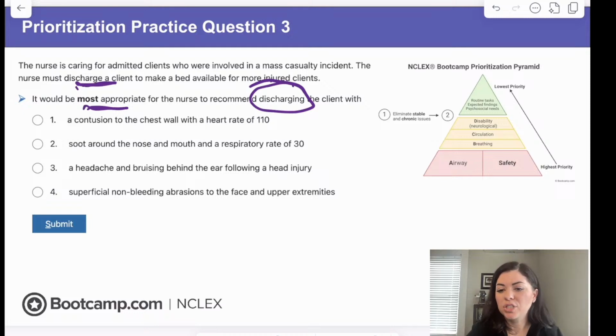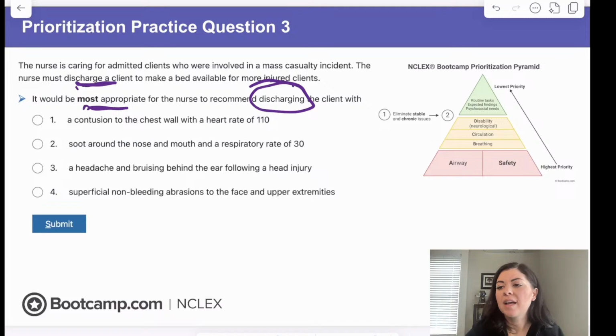Option 2, soot around the nose and mouth with a respiratory rate of 30. Option 3, a headache and bruising behind the ear following a head injury. And option 4, superficial non-bleeding abrasions to the face and upper extremities. So I know you guys are all guessing 4, but let's talk about these other 3 conditions that once again you are likely to see on NCLEX.